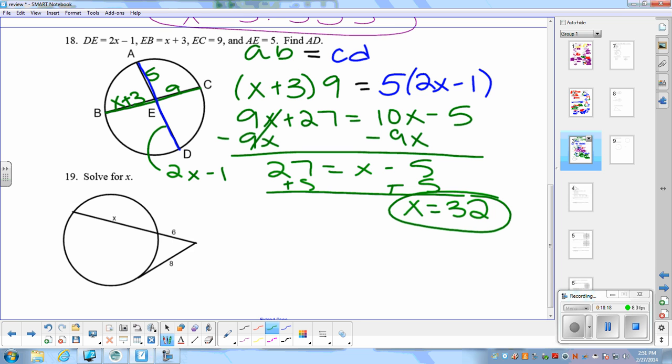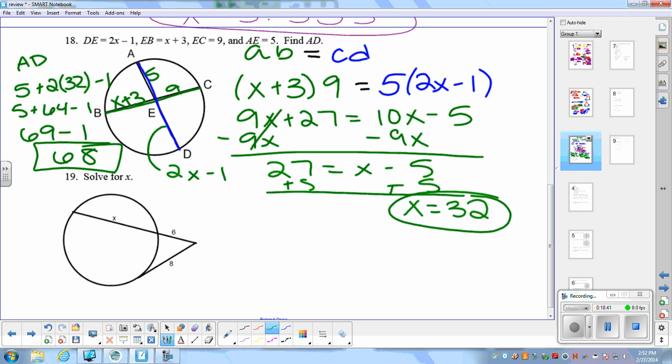So then, since x is 32 and I have to find AD, well, AD is 5 plus 2 times x, which is 32, minus 1. 5 plus 64 minus 1, so that's 69 minus 1, so AD is 68.